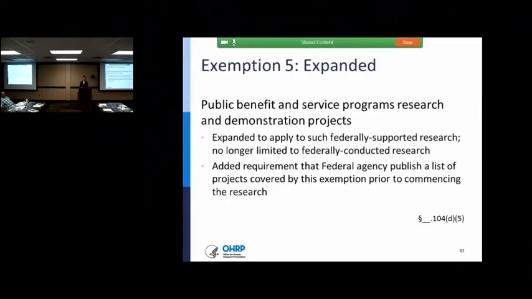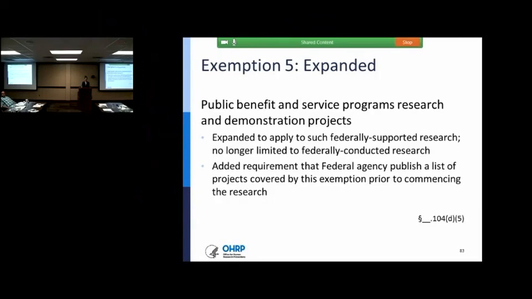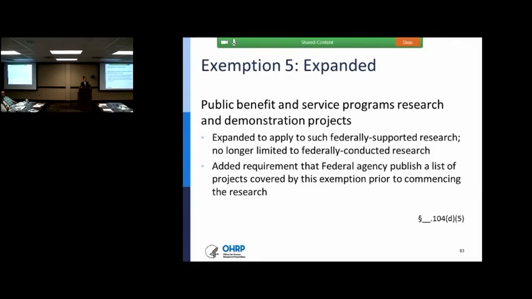All right, so Exemption 5 has been expanded a bit. We'll go through this pretty quickly, since we're getting close to lunchtime. This is public benefit and service programs and research demonstration projects. The main difference here is that the pre-2018 rules applied specifically to federally conducted research, which was essentially that done by federal agents or contractors, and it's been expanded to include federally supported research.